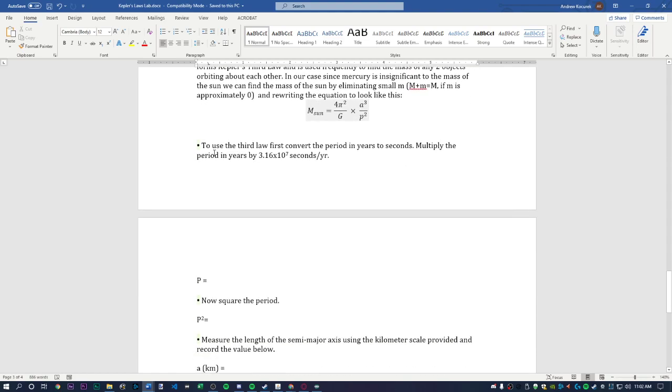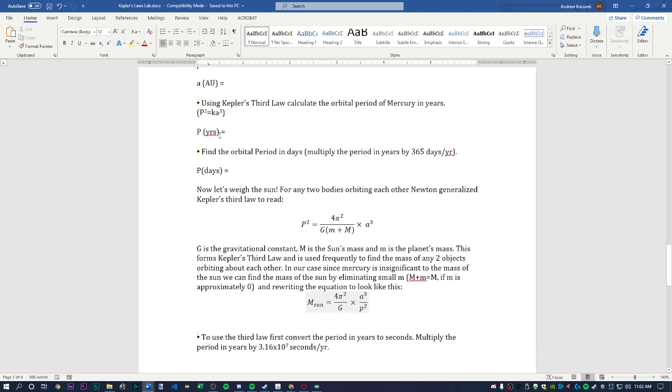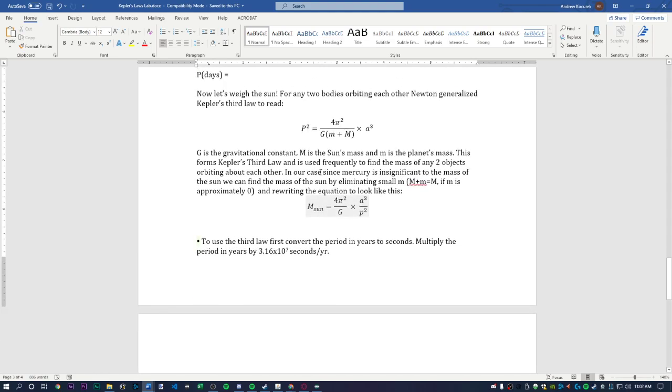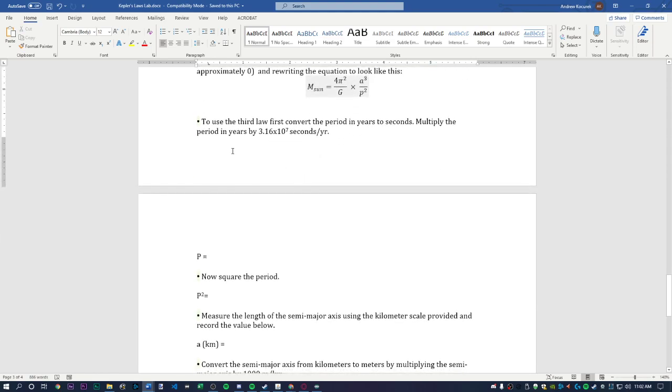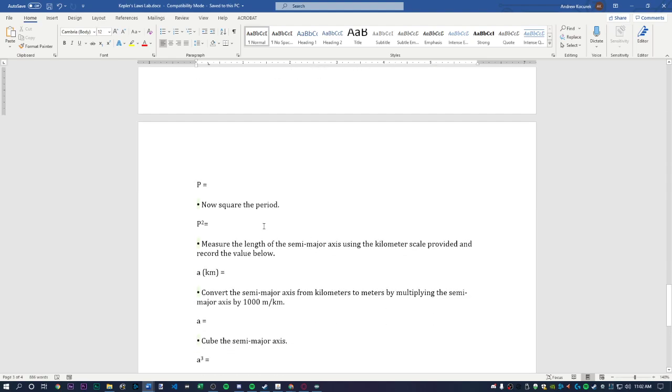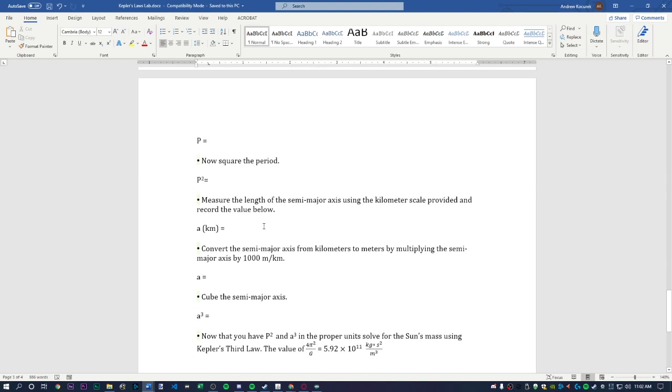So now to use the third law, convert the period from years. So we found the years up here. You're going to convert that into seconds. And then it says multiply the period in years by this many seconds per year. So we've given you that. So you multiply that, put it down here. Then you're going to square that number, right?